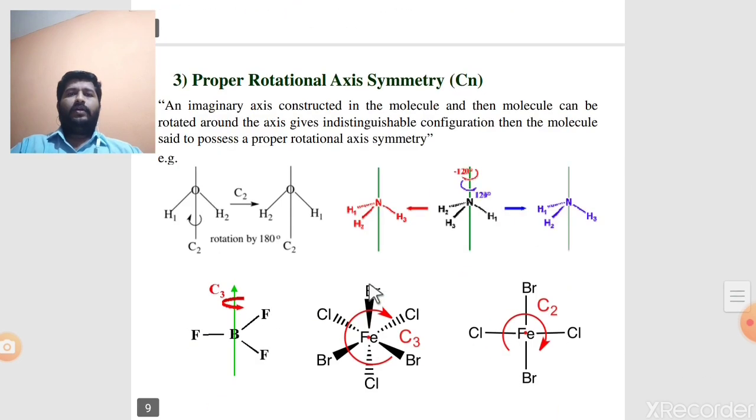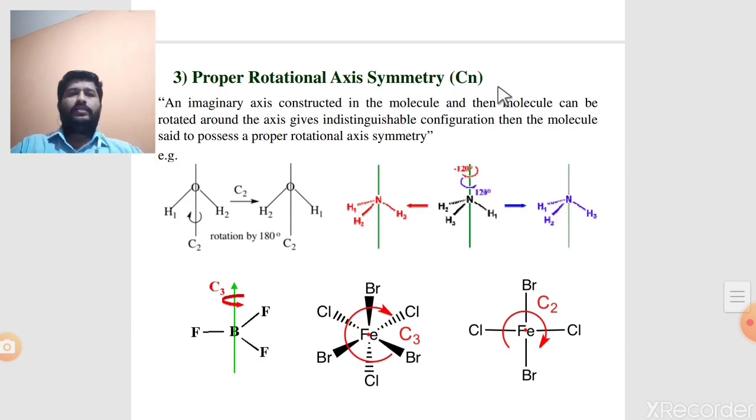Then the third is the proper rotational axis of symmetry, represented by the symbol Cn. An imaginary axis is constructed in the molecule, and if the molecule is rotated around the axis and gives an indistinguishable configuration, the molecule is said to possess the proper rotational axis of symmetry.